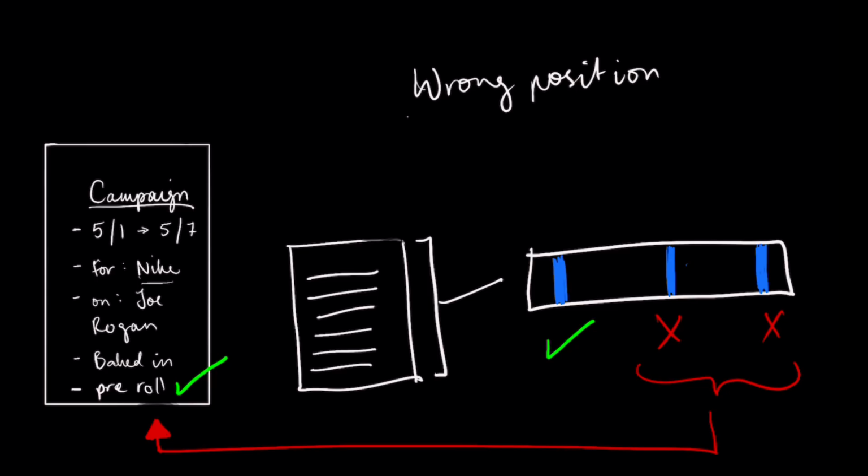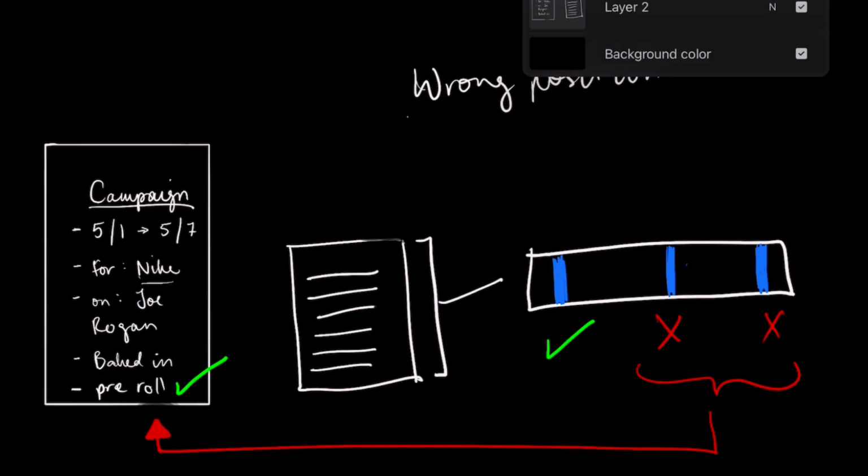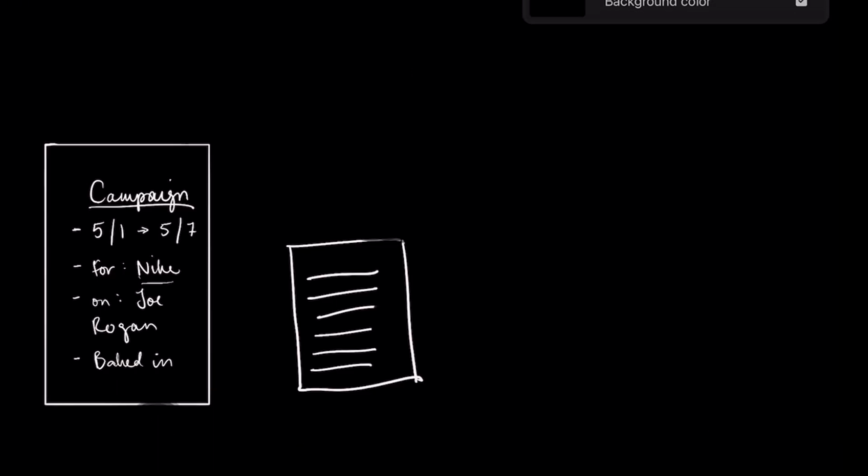You just need to go into those campaigns and reassign the air check to unmatch it from that campaign, and it'll be rematched to the correct campaign later on by our system. So that is the wrong position flag.